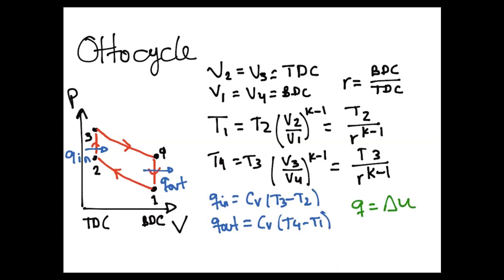The only thing that remains is to get the efficiency of this cycle. The efficiency of this cycle is usually the work that we're going to have per the amount of heat that we have to introduce.